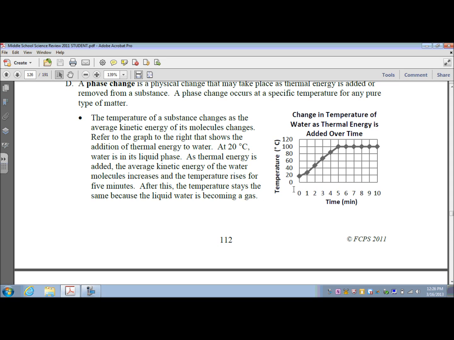At 20 degrees Celsius, water is in its liquid state. As thermal energy is added, the average kinetic energy of the water molecules increases, and the temperature rises for 5 minutes. After this, the temperature stays the same because the liquid water is becoming gas. So the flat part of our graph is when we have a phase change.